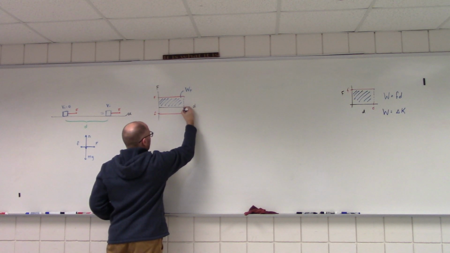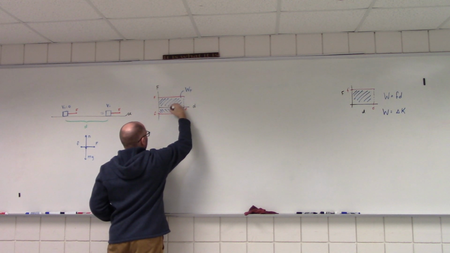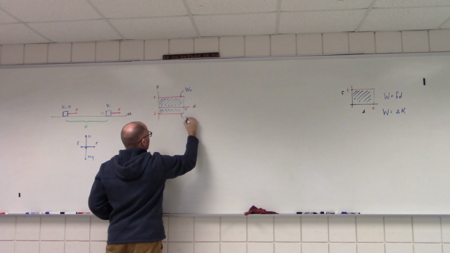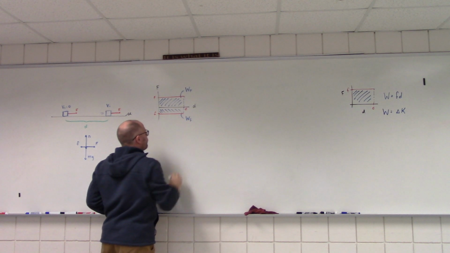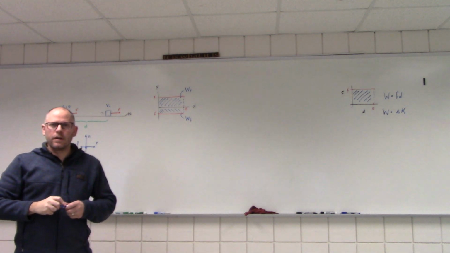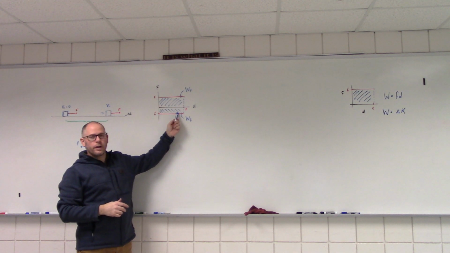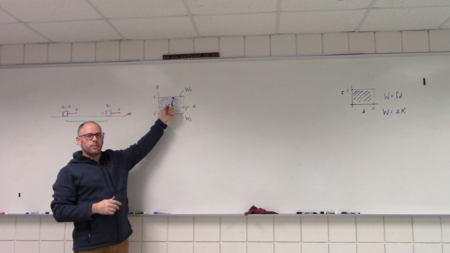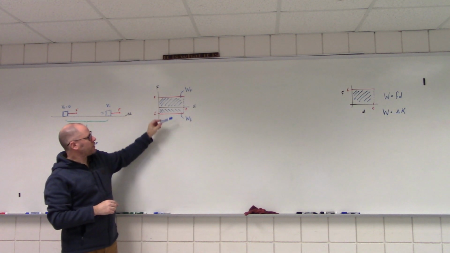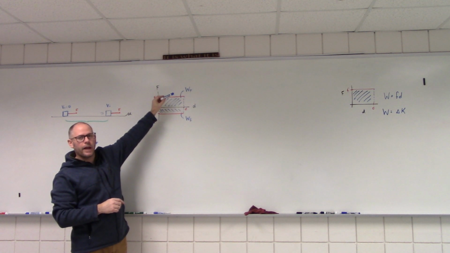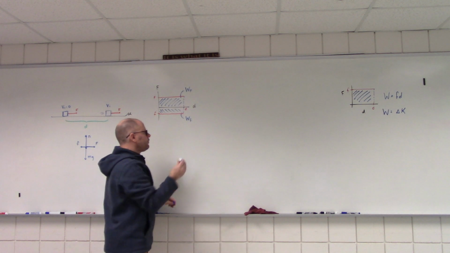This, that's the work done by the friction. And we notice by looking at this, this one is under here, under the axis. This one is above the axis. So this is actually a negative work value. This is a positive work value.